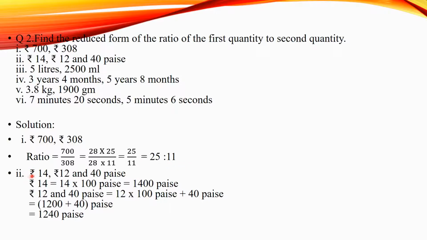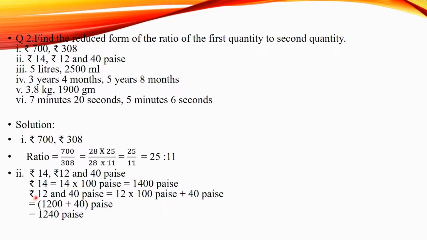Second question, rupees 14, rupees 12 and 40 paise. So rupees 14, we have to convert into the smallest unit, paise. Since 1 rupee is equal to 100 paise, we can write 14 rupees as 14 multiplied by 100 paise, which is equal to 1400 paise.